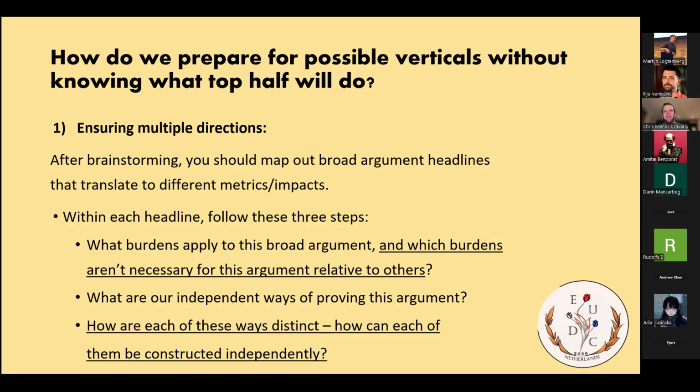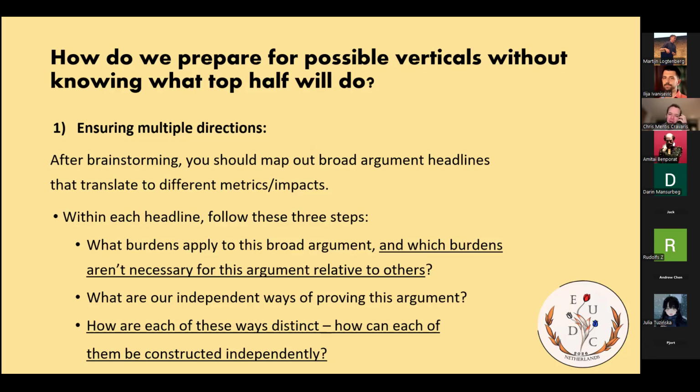And crucially, it's not just about what your opening is going to do, but also about what the diagonal team is going to do too. So you should ask yourself, does the round change depending on the stance or the arguments that opening opposition runs against our opening government? Do we need to pivot depending on the responses we mainly get, for example?